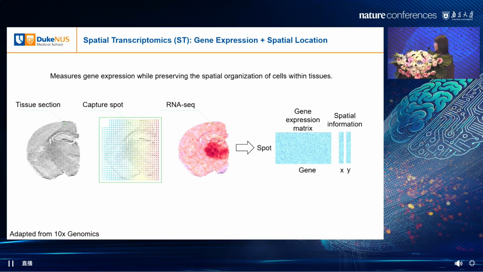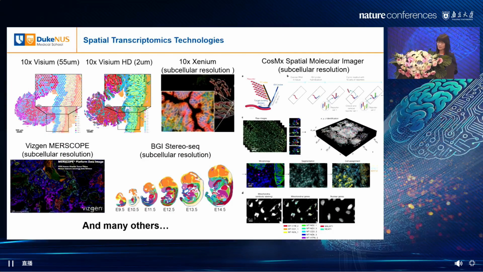So the data we obtain as an output will be a gene expression matrix that contains the genes in the columns and the spots or cells in the rows, as well as the spatial locations as the X and Y coordinates.